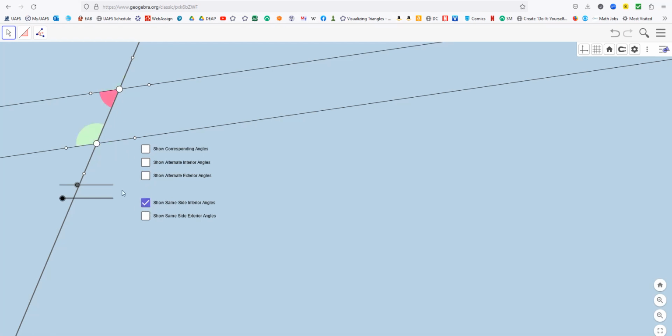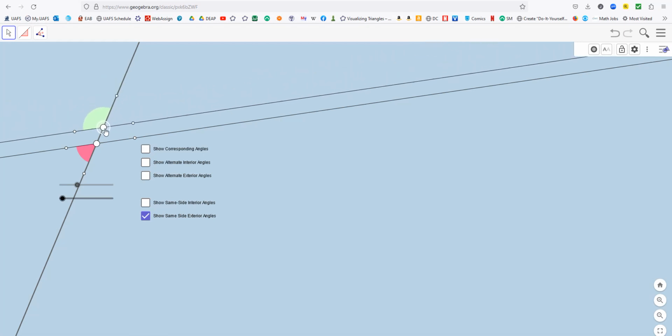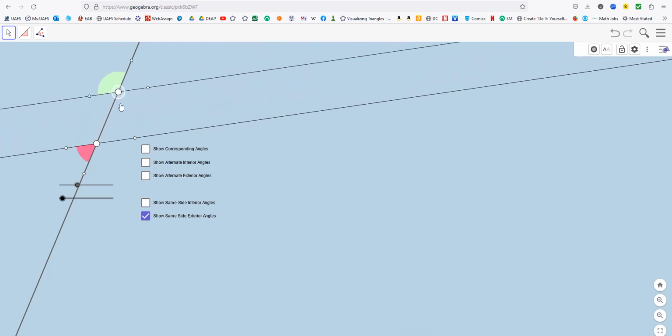However, the ones on the same side of the transversal, like that, on the interior, they're not congruent, but they also have a special relationship. Can you see what it would be? Oh, look at that. Looks like they are what? Supplementary. Okay, so that's some interesting things.